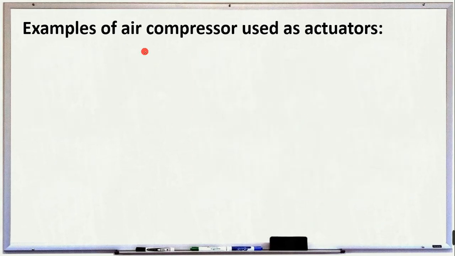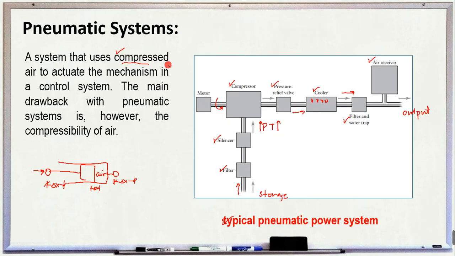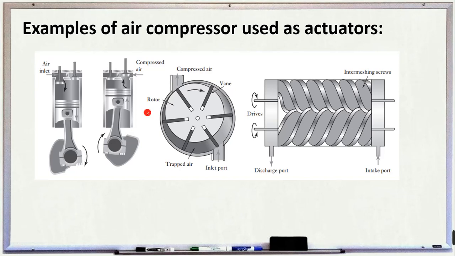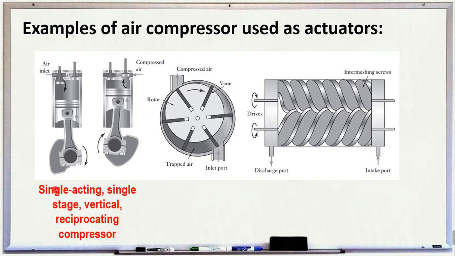Okay, so we have here several examples of air compressor used as pneumatic actuators. Diba, diri sa ato ang diagram sa ato ang pneumatic power system, importante ang ato ang compressor. Mao na siya nag-determine sa performance sa ato ang actuation system. That is why pwede ka makapili na rin. You can have this single acting, single stage vertical reciprocating compressor.